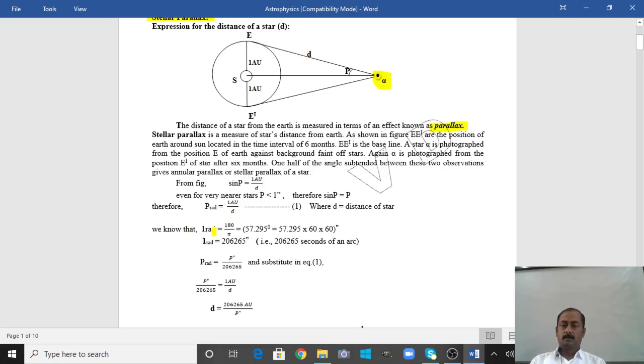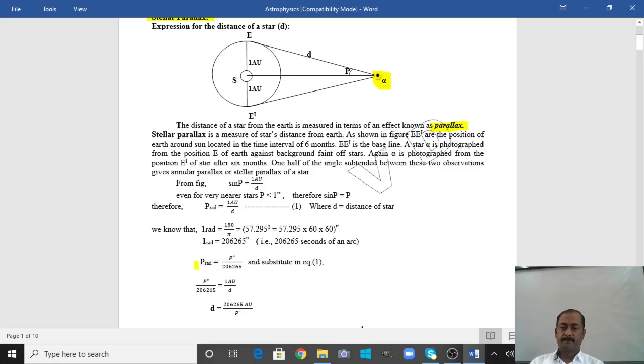Now convert 1 radian into seconds. For conversion, 1 radian is equal to 180 degree by pi, that means 57.295 degree. When 180 is divided by pi, its value is 2,06,265 seconds of an arc.